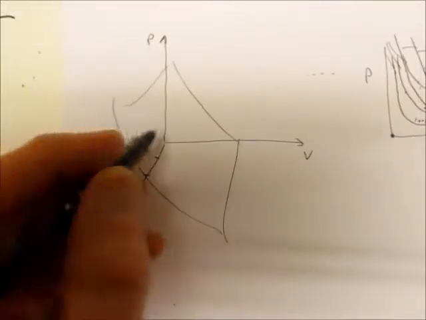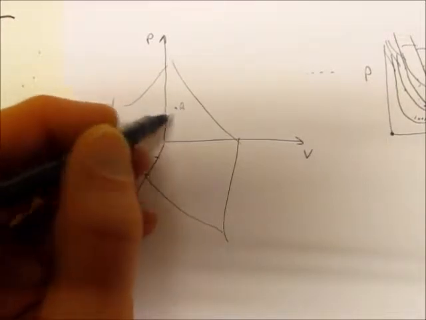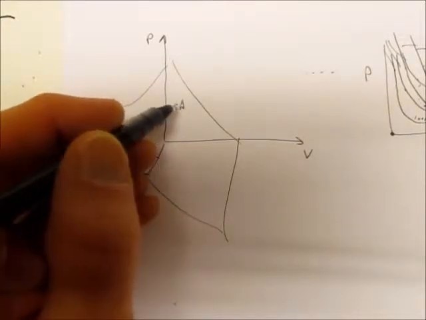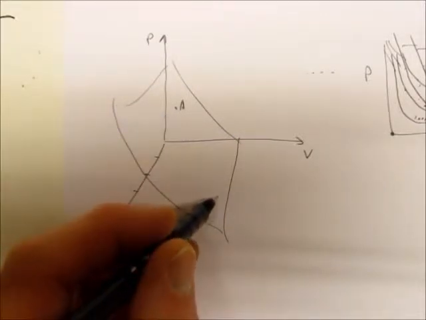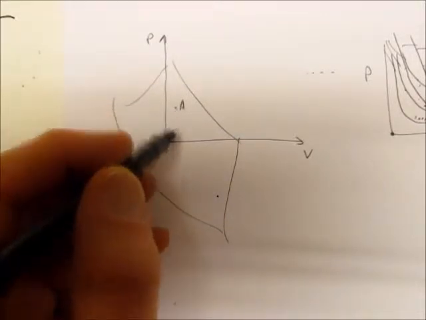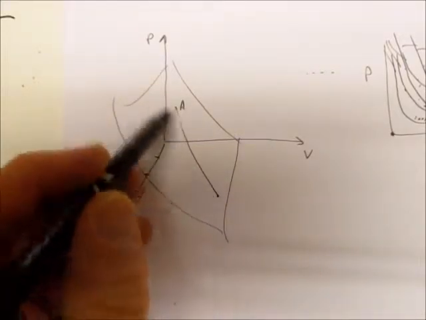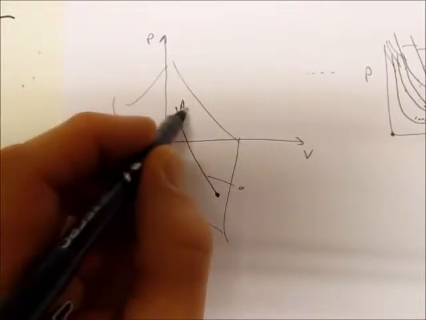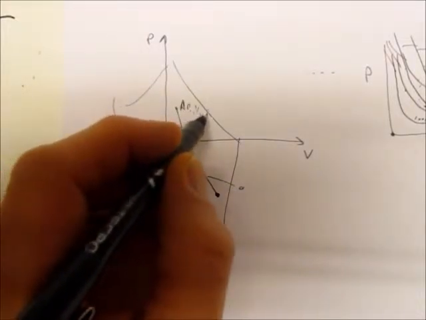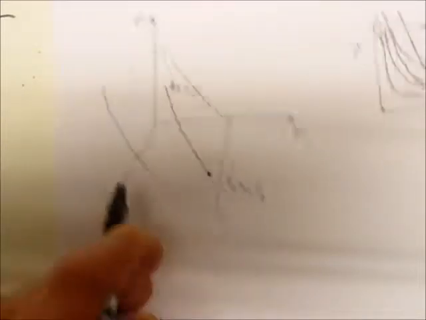Okay? Well, if you started out at point A and you went from one P and V to a new P and V and new temperature, it could be out here. So you see how whatever this surface looks like, this goes from initial, so let's just say P1, V1, and T1, and then you end up over here at P2, V2, and T2.